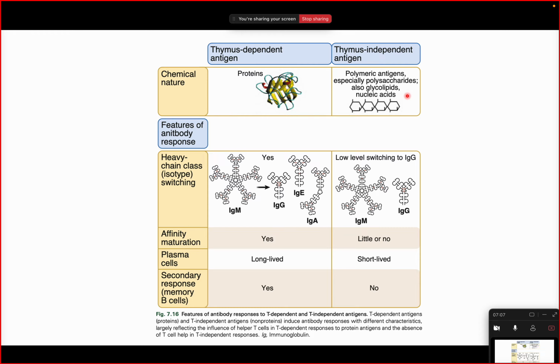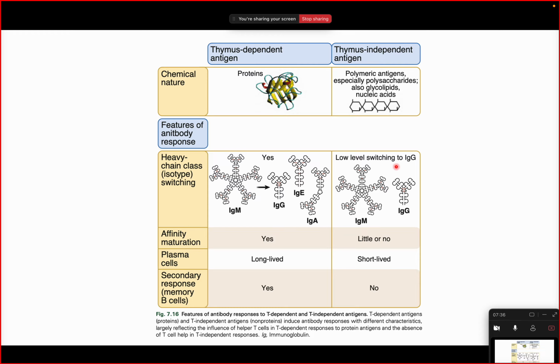Now when we talk about the features of antibody and the responses they are eliciting, in the thymus dependent part, heavy chain switching or isotype switching occurs. Earlier it will be IgM, and then if it has seen the antigen, it will go to IgG, IgE, IgA, depending upon what sort of interaction is needed at that particular time.